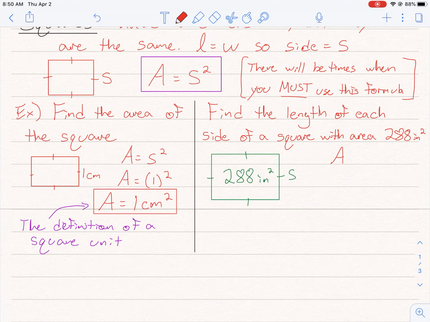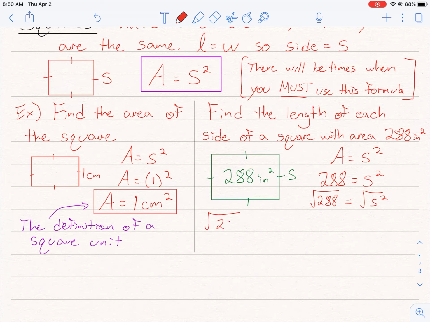So how we're going to do this is we're still using the same formula. Area is equal to side squared, but instead of our side, I know that my area is 288. And then to get rid of that squared part, because I just want my variable by itself, I have to take the square root of 288.